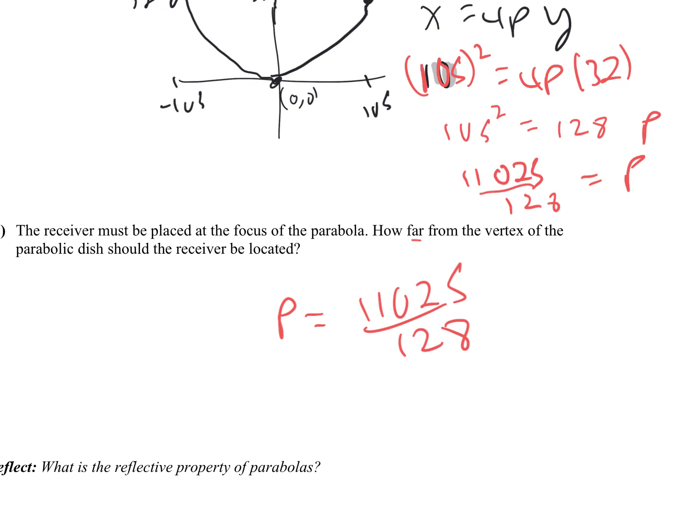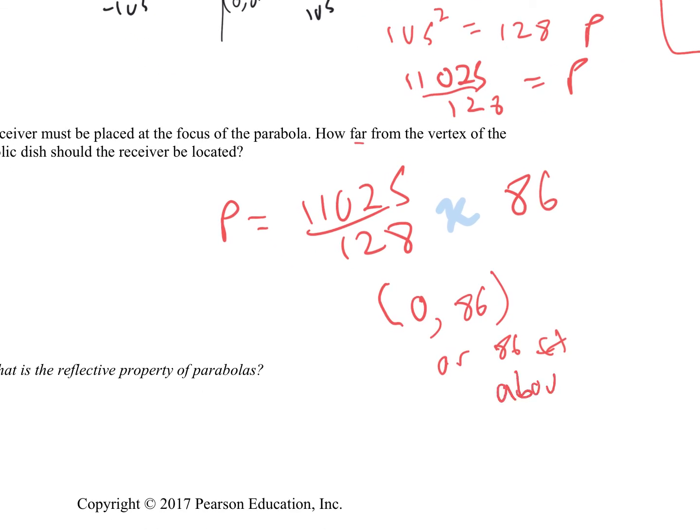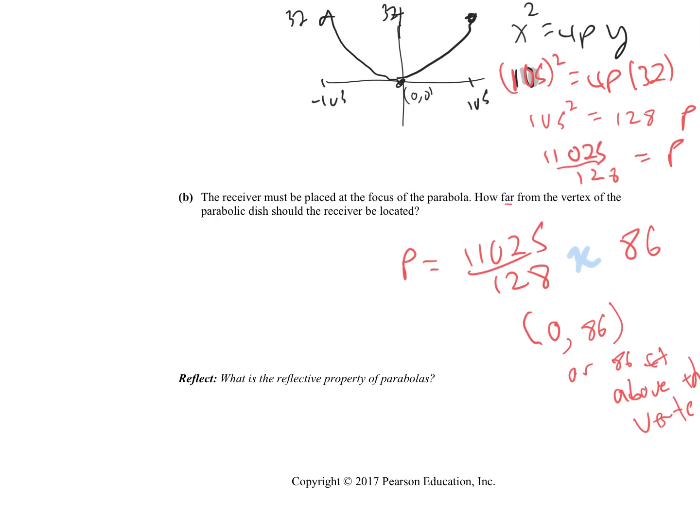Calculator says that it's approximately 86.1. So the ordered pair should be 0, approximately 86, because we're at the axis. Or you could say 86 feet above the vertex, straight up. Okay, and that's good enough.